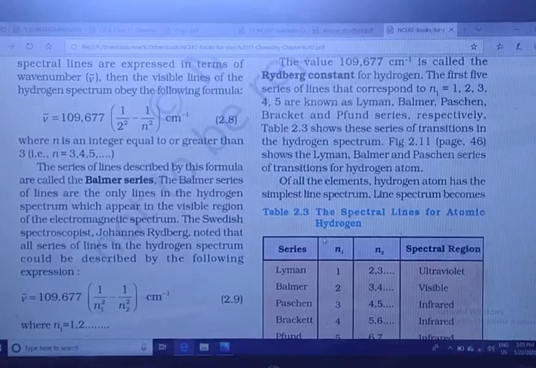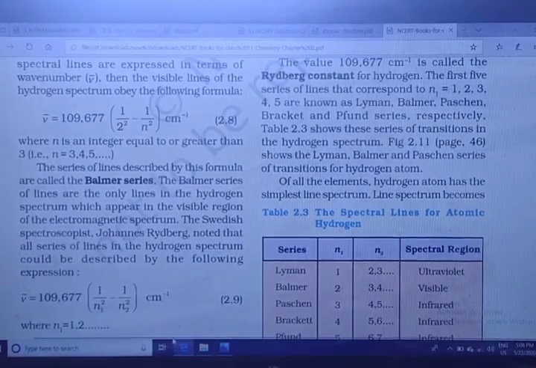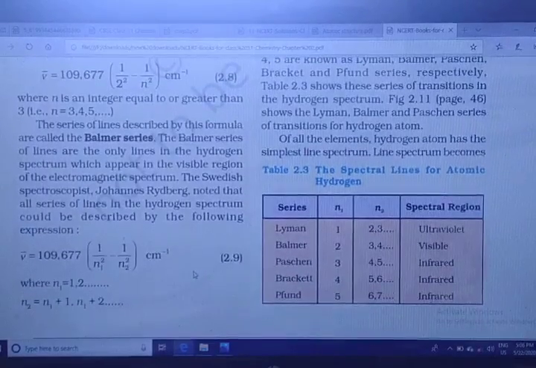When the spectral lines fall, for example, if n1 is equal to 1, then n2 will be 2, 3, 4. If n1 is equal to 2, especially for the Balmer series, then n2 will be 3, 4, 5, as it is written also. So the series will be described by the formula of the Balmer series, and the Balmer series of lines are the only lines in the hydrogen spectrum which appear in the visible region of the electromagnetic spectrum.